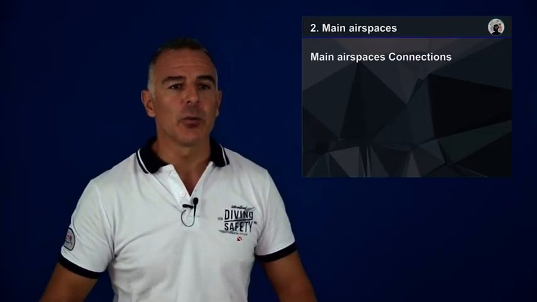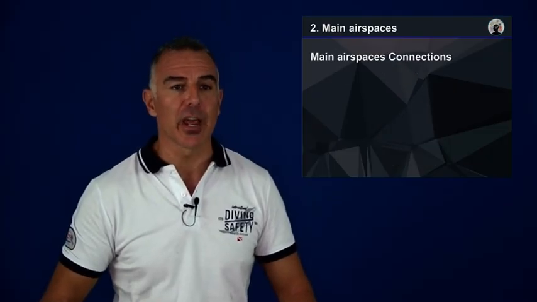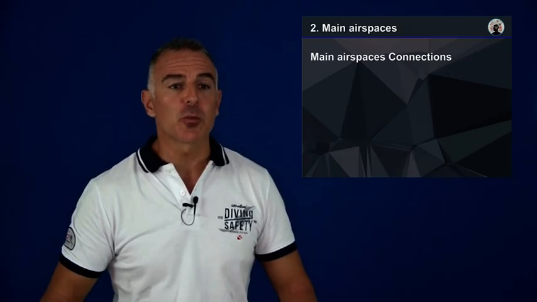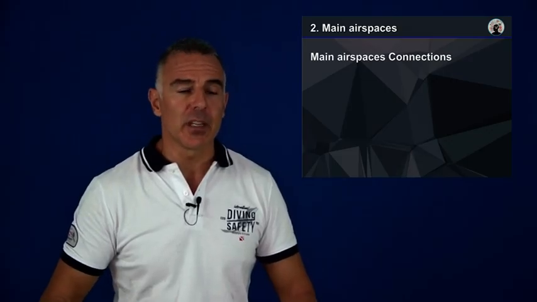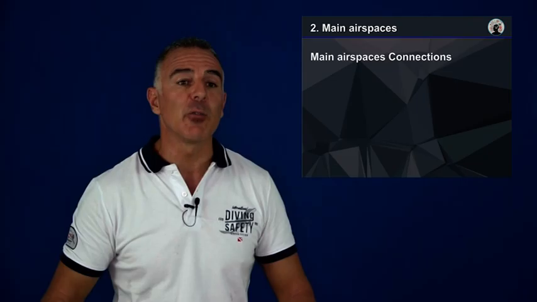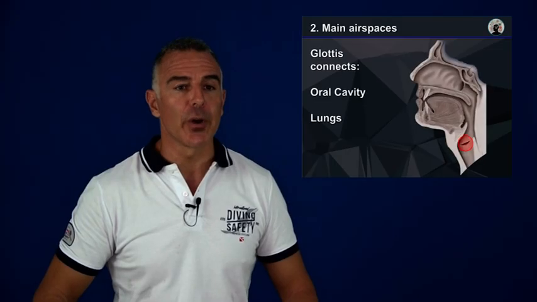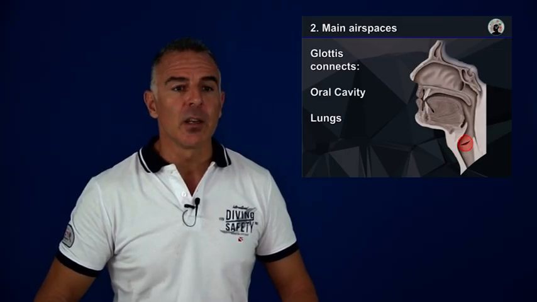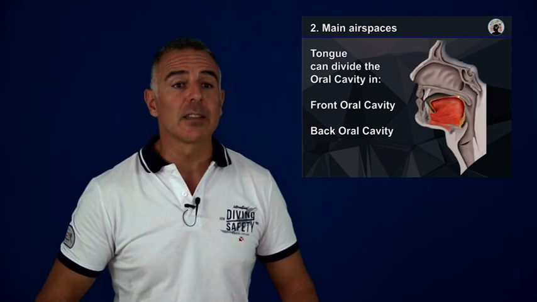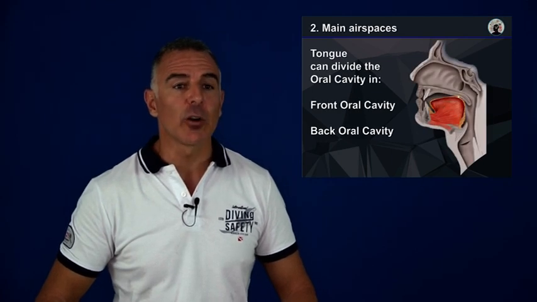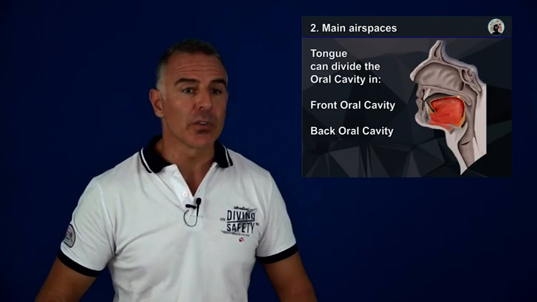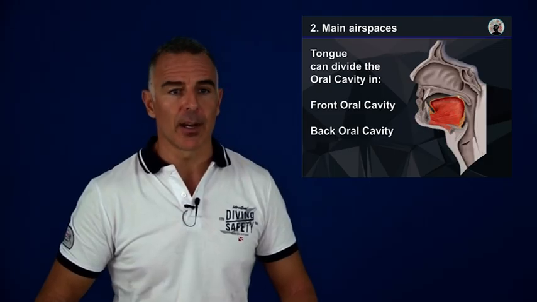Let's analyze now the main airspace connections. What does that mean? The connections between the airspaces in what I call this hydraulic system that is involved in the equalization. The glottis connects the oral cavity with the lungs. The tongue can divide the oral cavity into front oral cavity and back oral cavity.